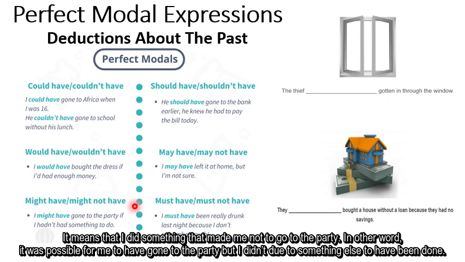It means that I did something that made me not go to the party. In other words, it was possible for me to have gone to the party, but I did something else instead.